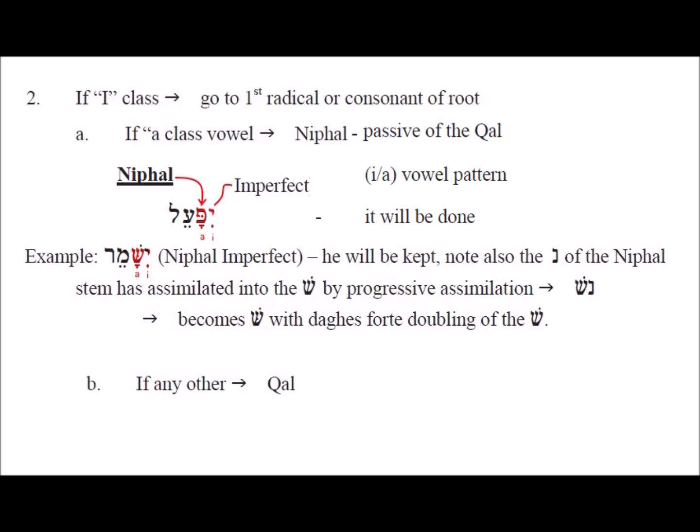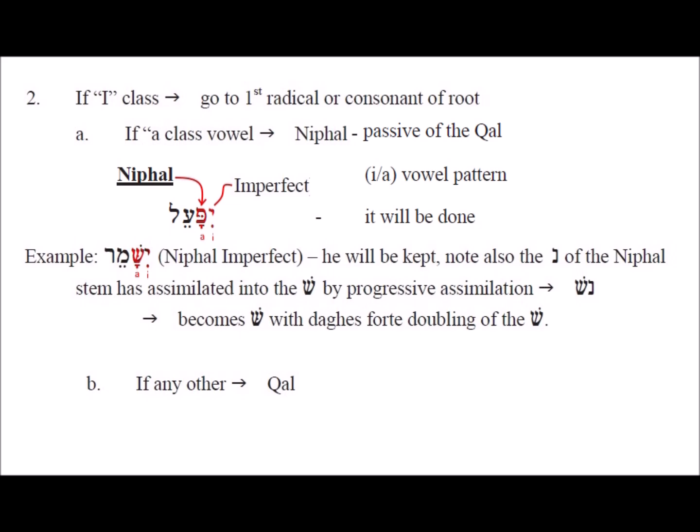It's the Niphal imperfect, he will be kept. Notice you have the I class vowel followed by a dagesh, a dot in the shin, and a long A vowel. Notice that the noon of the Niphal has assimilated into the shin by progressive assimilation. The noon and the shin come together, and you double the shin, like yinshamer becoming yishshamer.